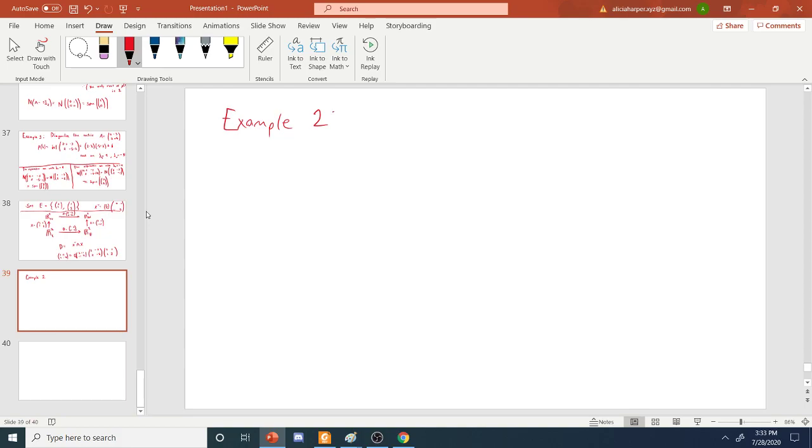So, for example 2, I'm going to look at the matrix 3, 2, 2, -1, 0, -1, -2, -2, and then -1. And what I want to do is diagonalize A. So first things first, I have to find the eigenvalues.